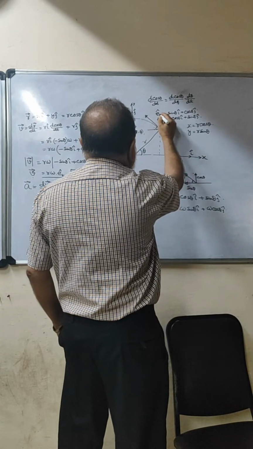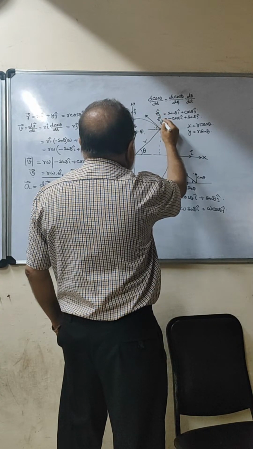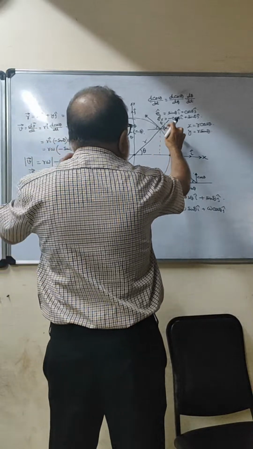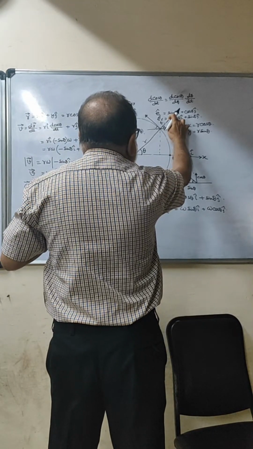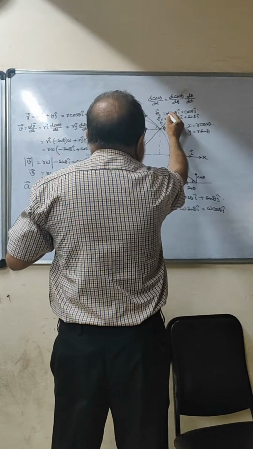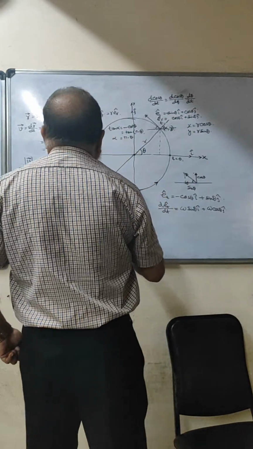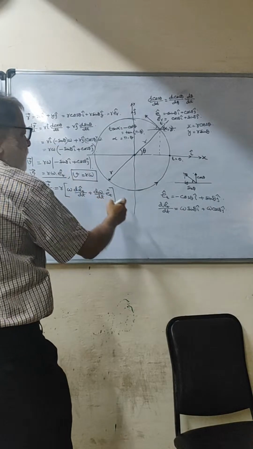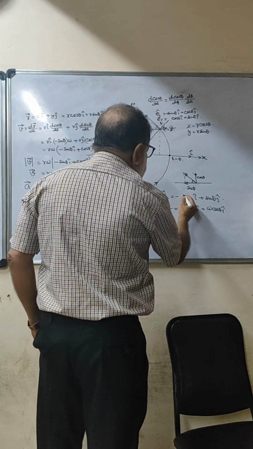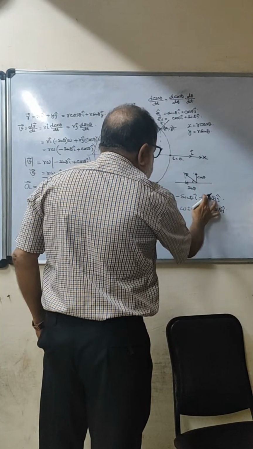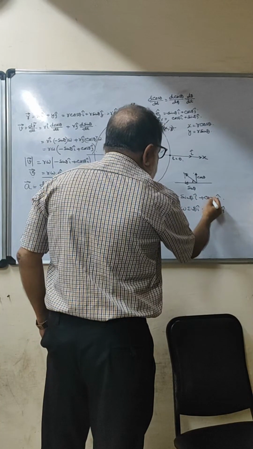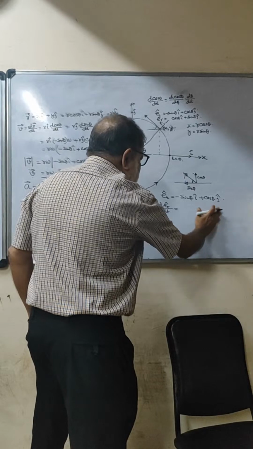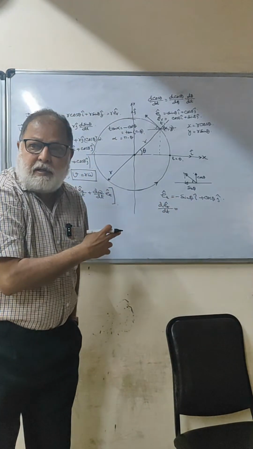This is et bar and this is er bar. Please check. Et bar is minus sin theta i hat plus cos theta j hat, right? This is minus sin theta i hat plus cos theta j hat. Please rectify it. Do you get it? Et bar, right?